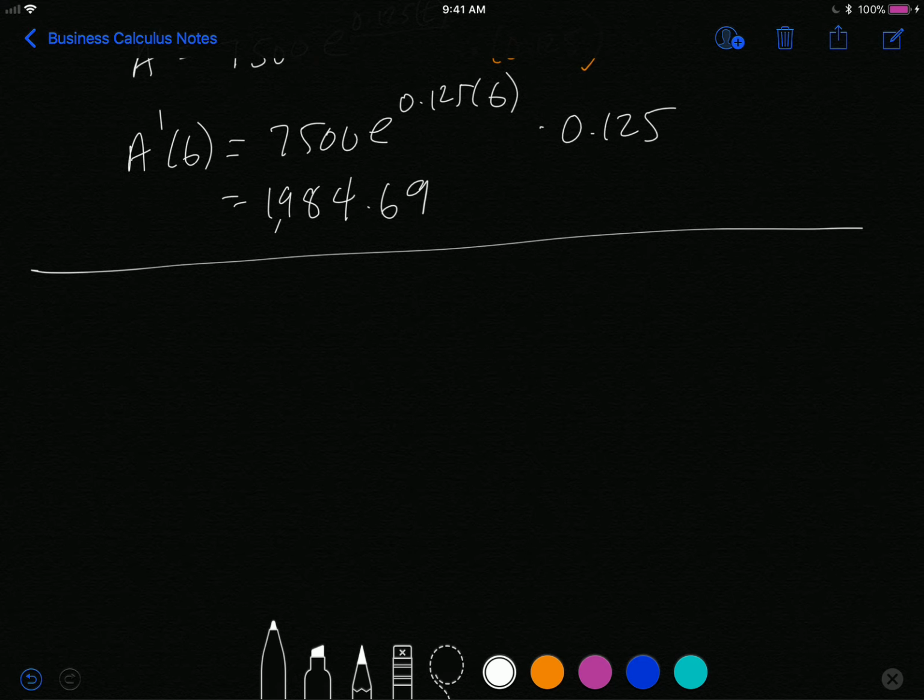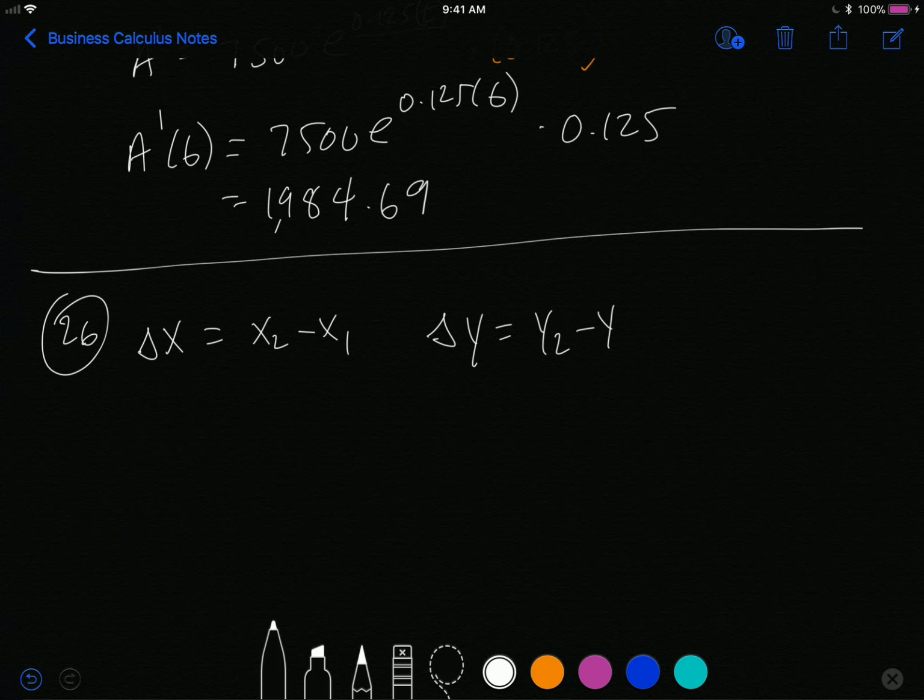Number 26, differentials. You just have to remember 2 simple formulas. Delta x is equal to x2 minus x1, and delta y is equal to y2 minus y1. Well, I guess 3 formulas. And the differential of f is equal to the derivative f prime multiplied by delta x.